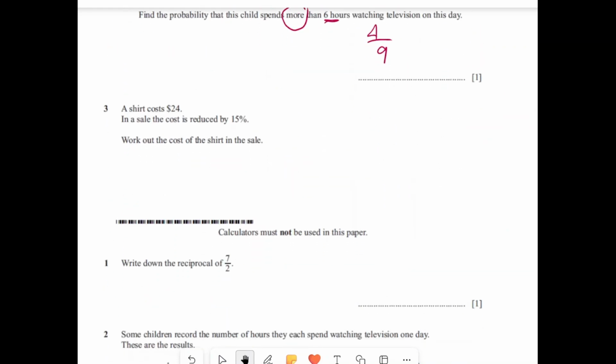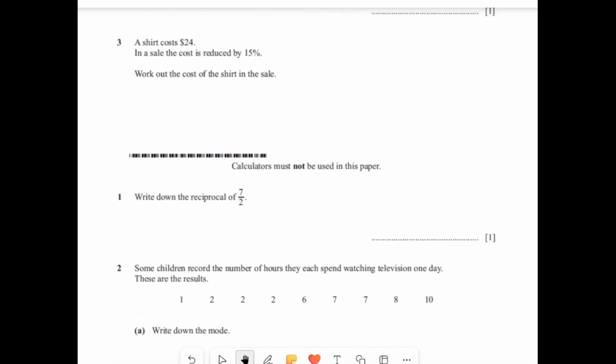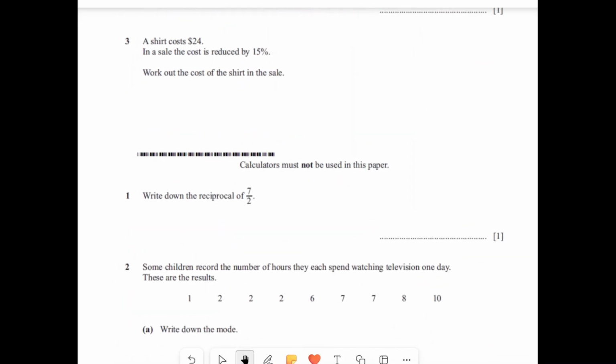Next question is, a shirt costs $24. In a sale, the cost is reduced by 15%. This $24 is the marked price actually. So we are not going to pay 100%.